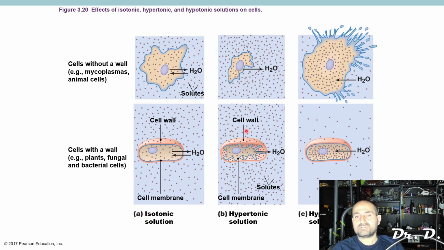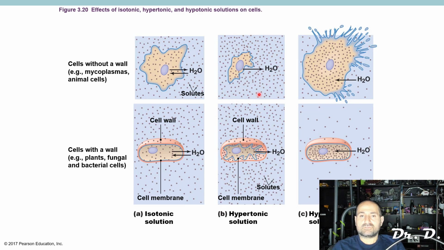Now, look at this column in the middle. This is what would happen to these cells in what's called a hypertonic solution. What does that mean? This is where it gets a little tricky, so I want you to bear with me, but hopefully you'll understand this by the time we're through.